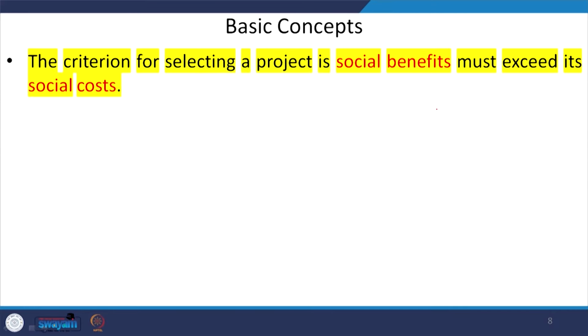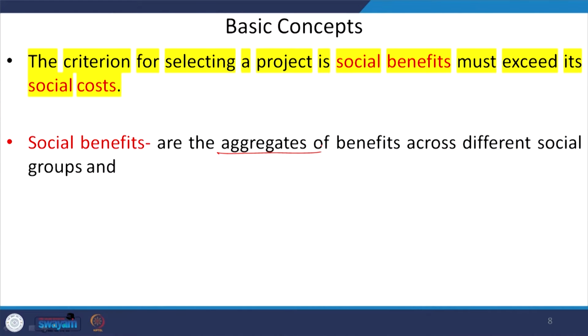So, the first criterion is that if you need to select a particular policy or project, we need to see that social benefits must be greater than the social cost. And again here we are using the social benefits and social costs from the concept of public goods itself. So, what are the social benefits? These are the summation of the benefits across the society.